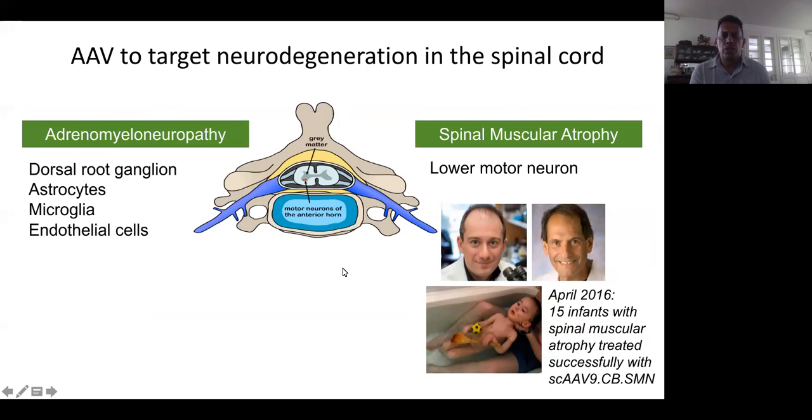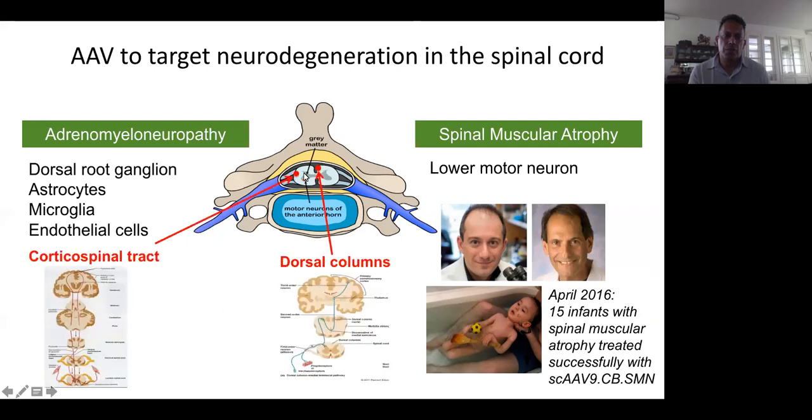And the reason we look at SMA is because the disease also affects the spinal cord, and a particular part of the spinal cord called the lower motor neuron. That sits in close proximity to the structures that I talked about before, which are affected in AMN, namely the corticospinal tract, the long tract sending signals down to the muscles from the brain, and the dorsal columns.